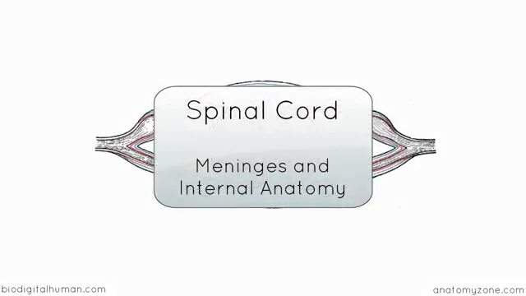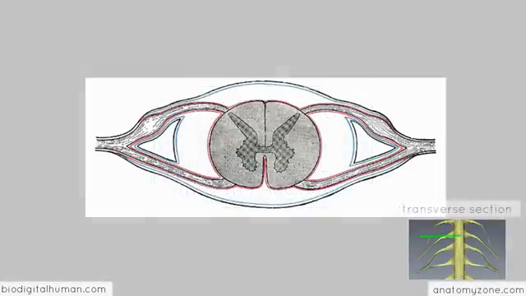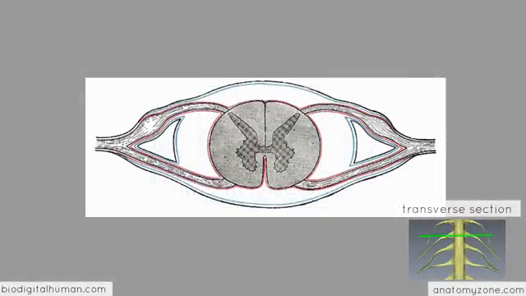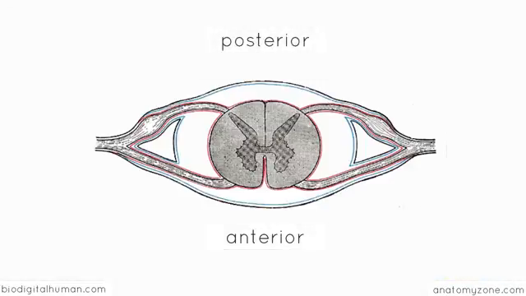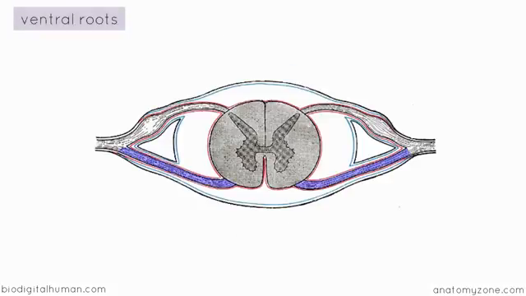Okay, so in this part of the tutorial, we're going to take a look at the coverings of the spinal cord, so the meninges, and we'll take a look at the basic elements of the internal structure of the spinal cord. So down at the bottom is anterior and up at the top is posterior. And as I showed you before on the 3D models, we've got the ventral roots, which I've highlighted in purple.